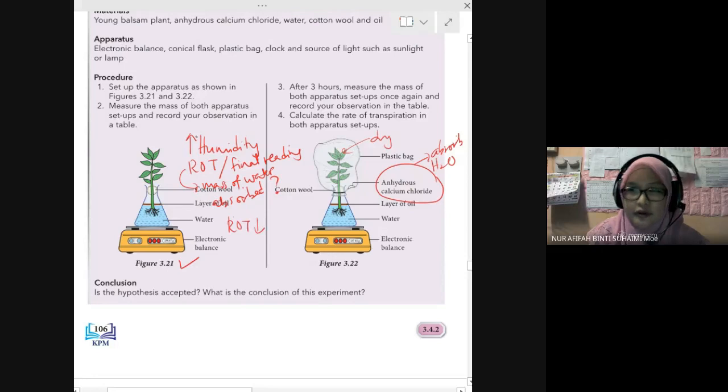We already have water vapor around it, so the rate of transpiration will decrease. The plant will not absorb more water.